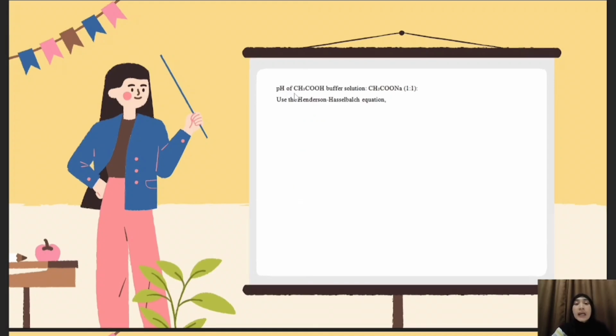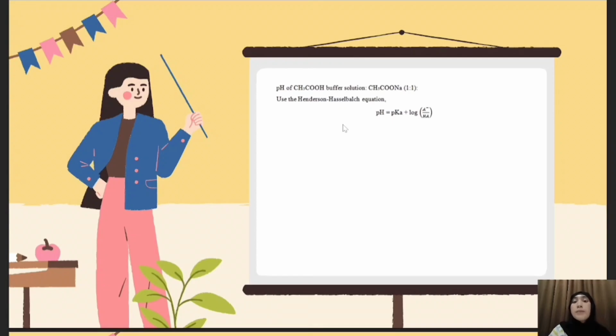The pH of the CH3COOH buffer solution with CH3COONa, 1 to 1. We use the Henderson-Hasselbalch equation. So, pH is pKa plus log A minus over HA.